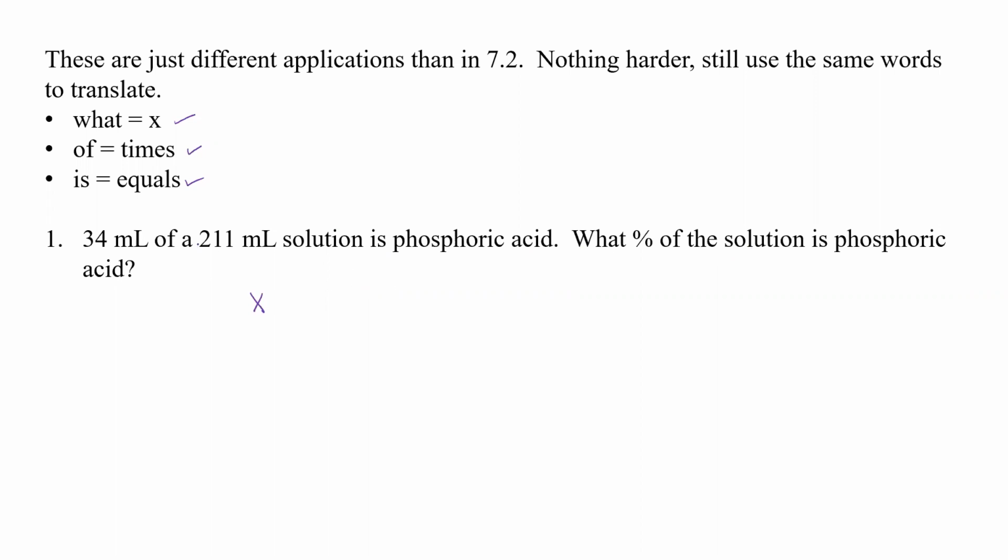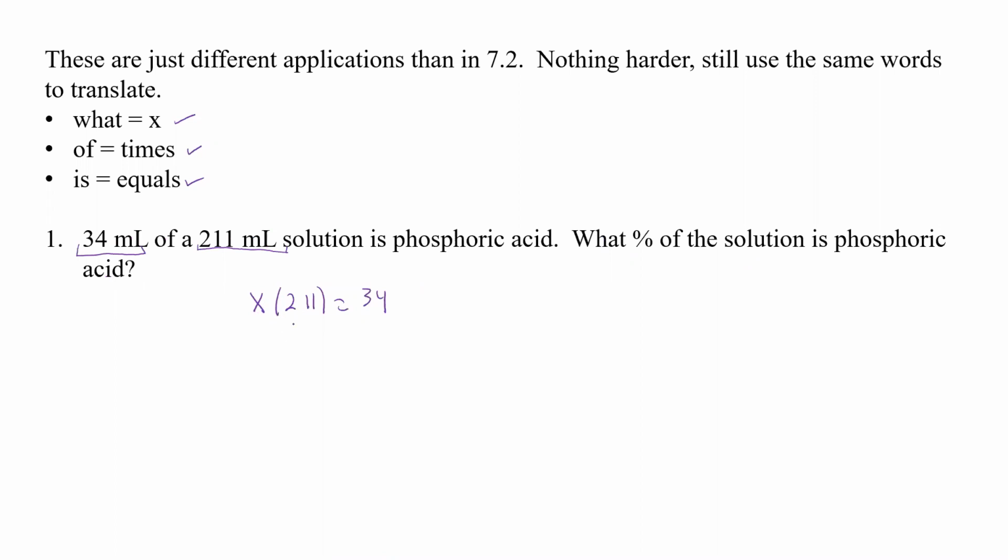Well, we have a total solution of 211 mils, so 211 equals phosphoric acid. Well, it says 34 mils of the thing is phosphoric acid, so that's equal to 34. Basically, we translated this sentence by using the information given to us in the first one. And now we have to solve for x to know what percent it is.